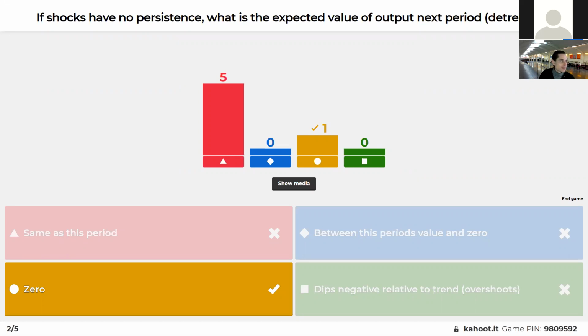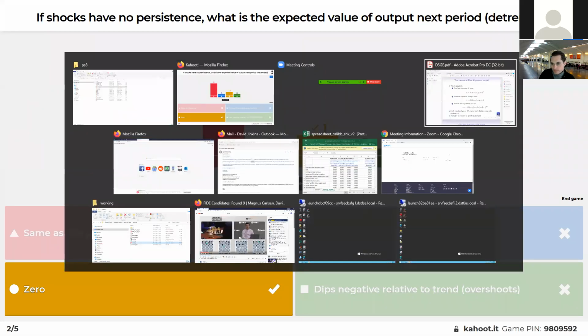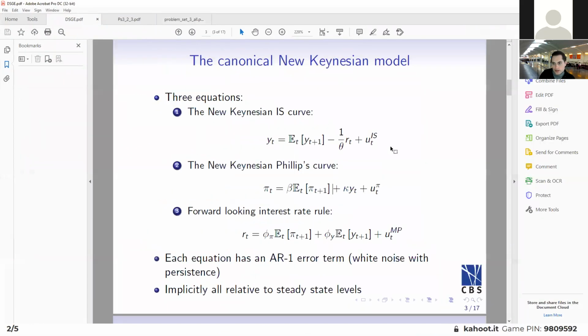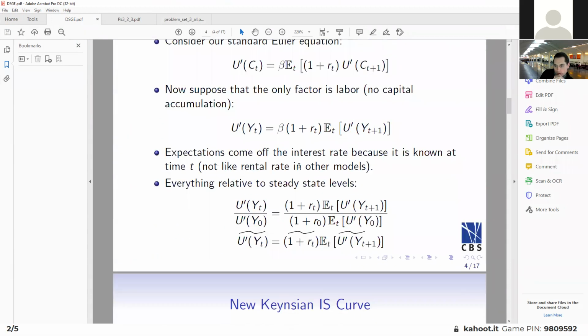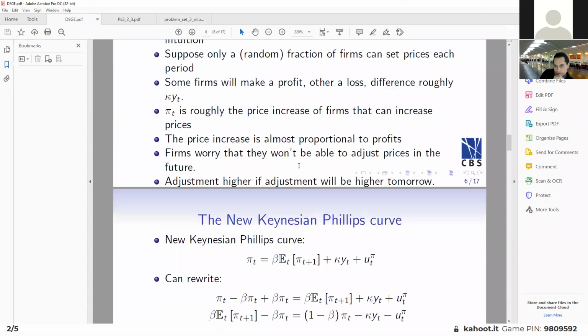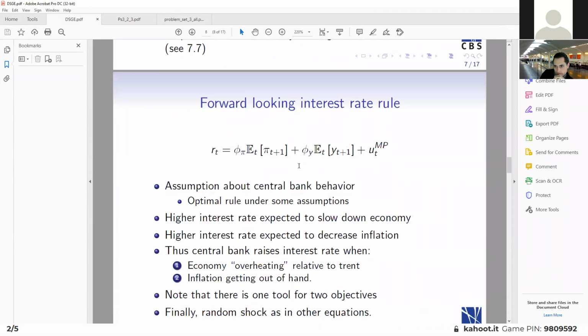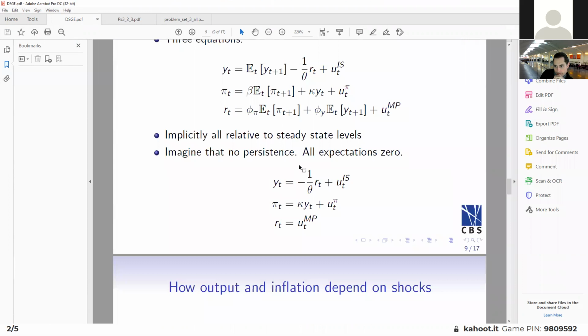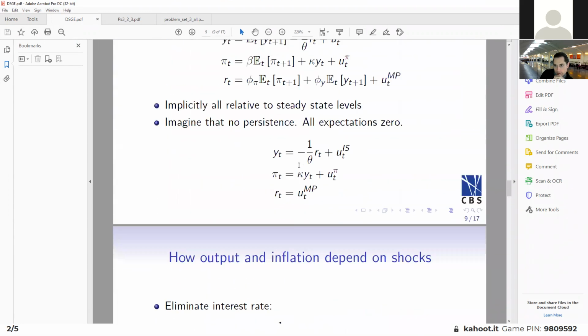So if we just look quickly at the slides again, let's look at the version where there's no persistence. Maybe this is the right place to look.